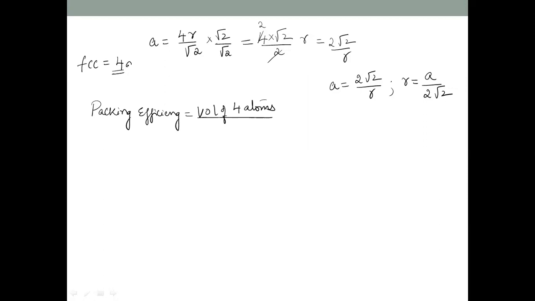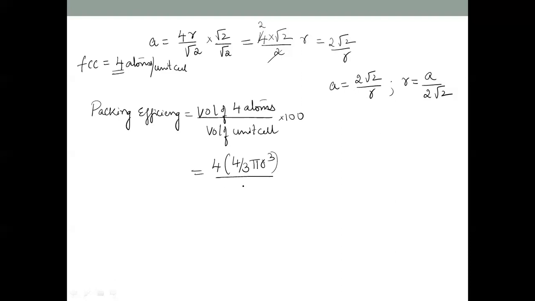We have 4 atoms per unit cell. So we are taking volume of 4 atoms by volume of unit cell into 100. Right? So volume of 4 atoms will be 4 into 4 by 3 pi r cube, because for each atom it's 4 by 3 pi r cube. Volume of unit cell will be A cube.